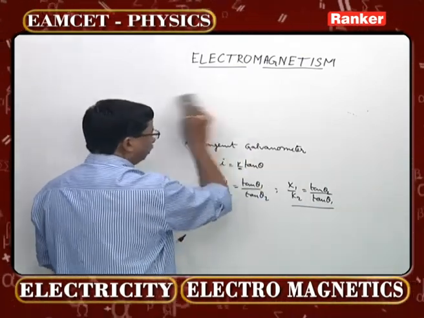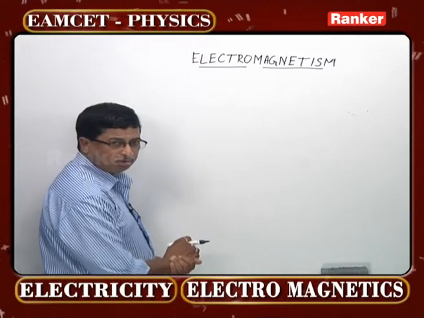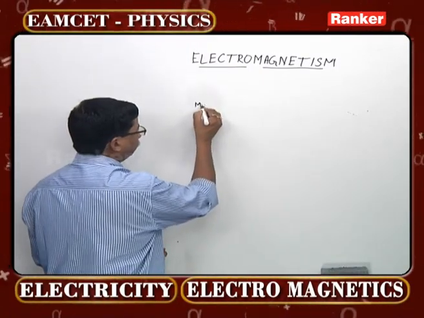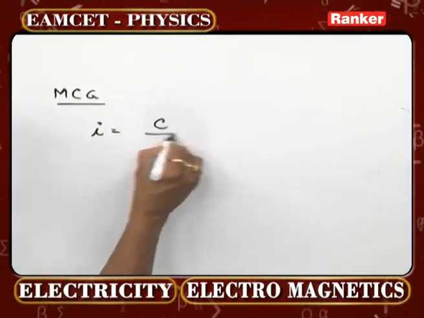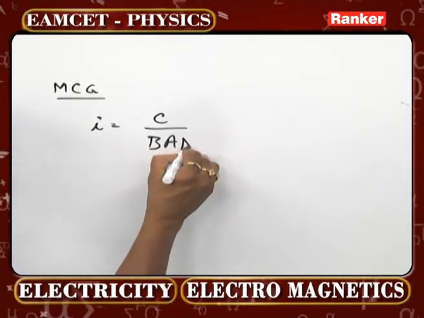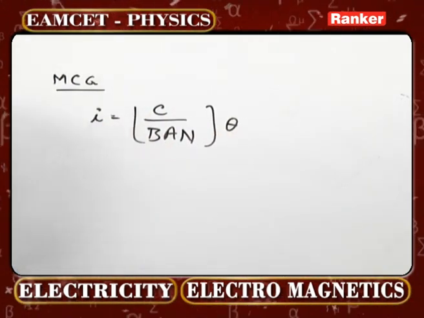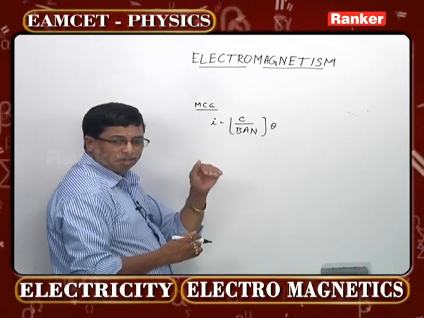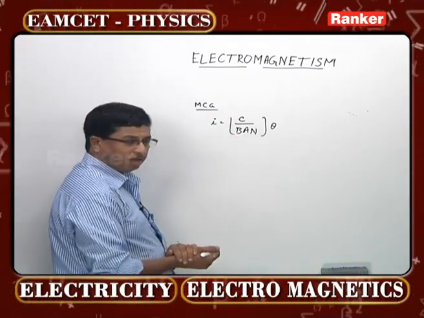Likewise, there is one more galvanometer, that is what we used to call the moving coil galvanometer, MCG. What is the formula for current over there? I is equal to C by BAN into theta. That is the formula. What does this C stand for? It is the couple per unit twist produced in the suspension wire. B is the applied magnetic field.